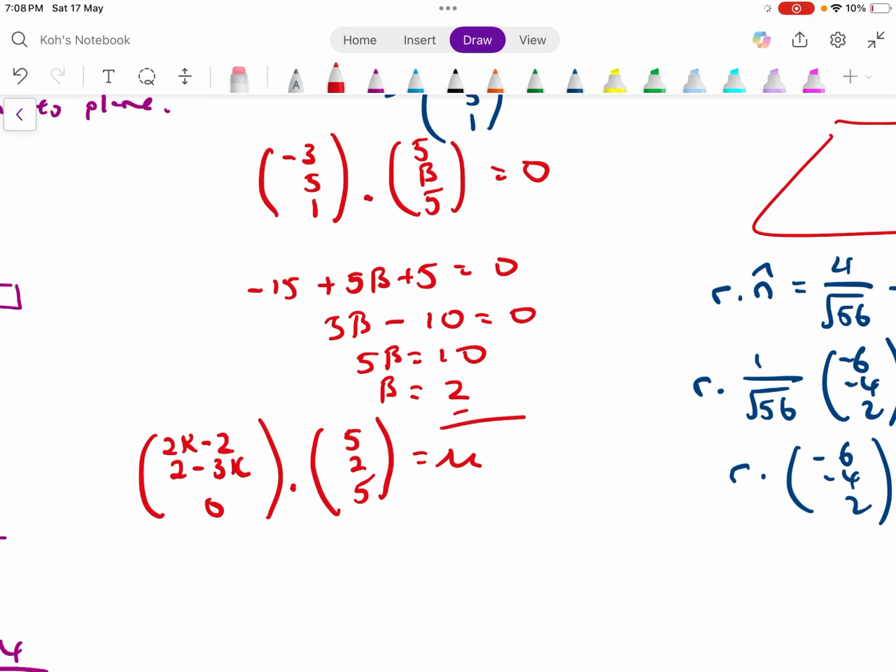Of course, this one might be in terms of your k. So the first one, 10k minus 10 plus 4 minus 6k plus 0 equals mu. Then this is 4k minus 6 equals mu. So this will be the value of mu in terms of k. So mu is 4k minus 6. Hopefully I never manipulate wrongly.